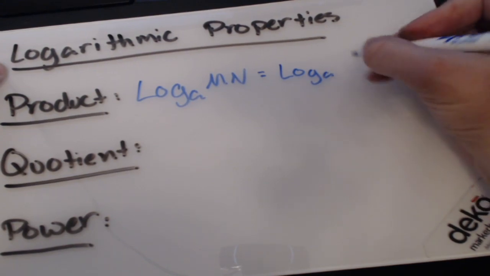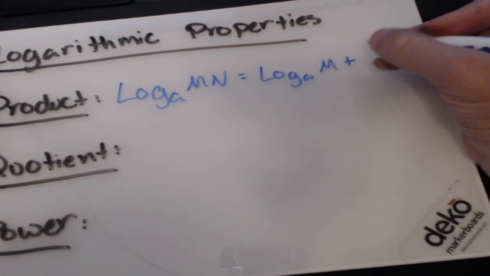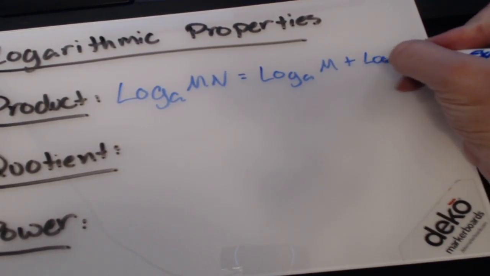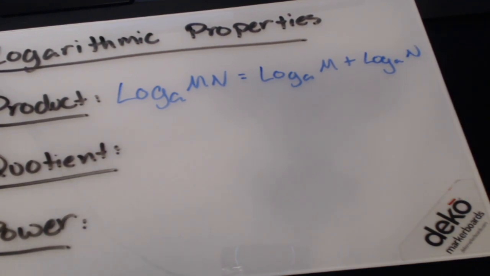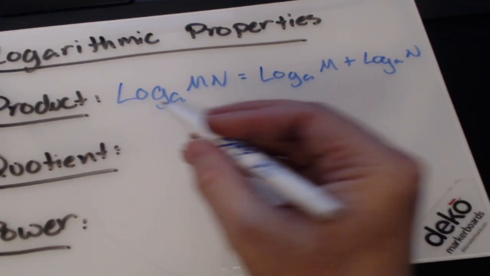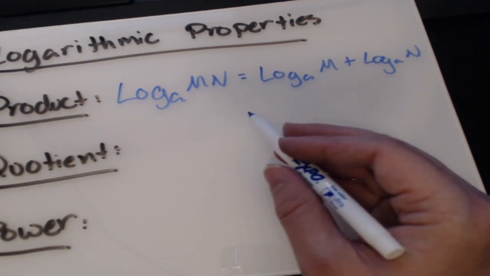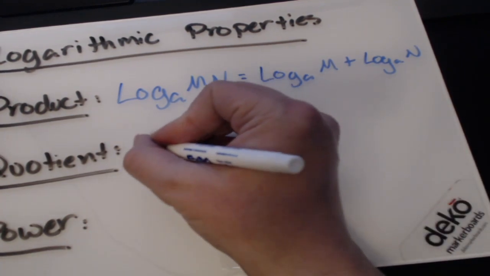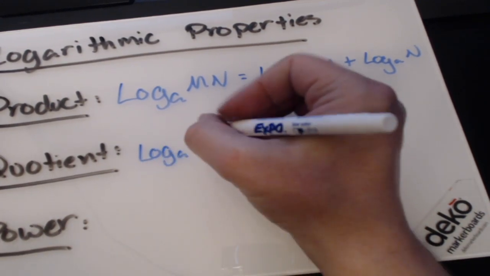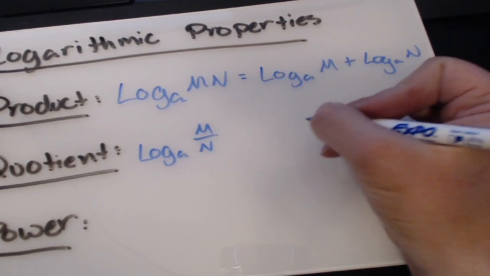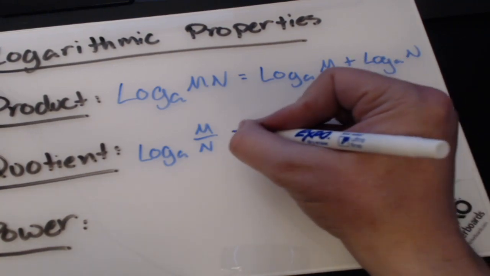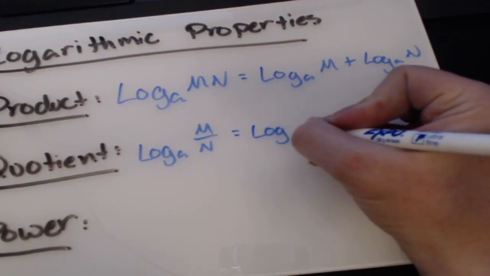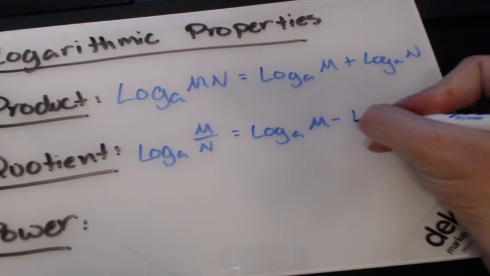So you actually separate the logarithm into log base A of m and log base A of n. All right, so this is taking a condensed logarithm and expanding it to multiple logarithms. You could do the same thing with log base A of m divided by n, except since now you're dealing with division, your expanded logarithm is subtraction.